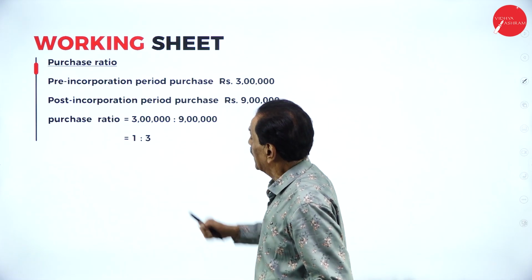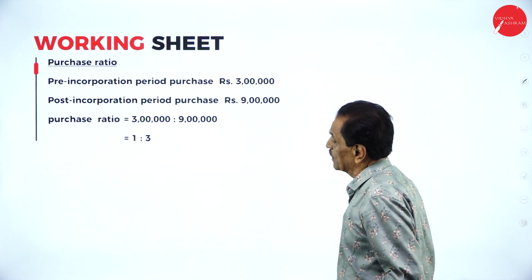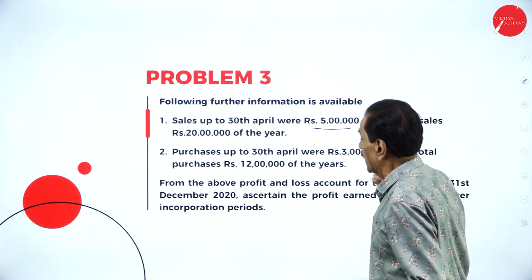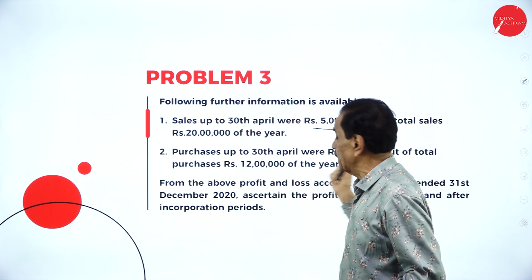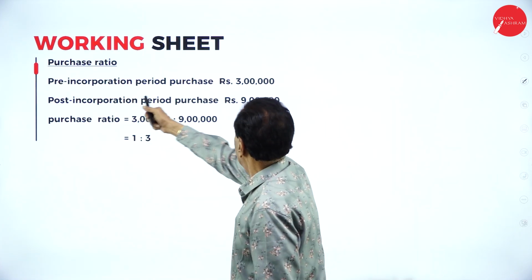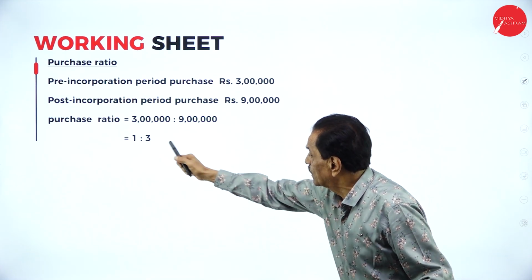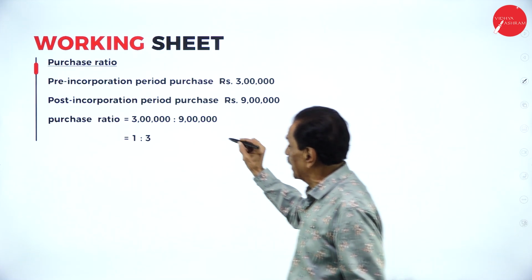Pre-incorporation purchase is 3 lakh, post-incorporation is 9 lakh. Purchases of 12 lakh in total, so post-incorporation becomes 9 lakh. Pre-incorporation 3 lakh to post-incorporation 9 lakh, 1:3.